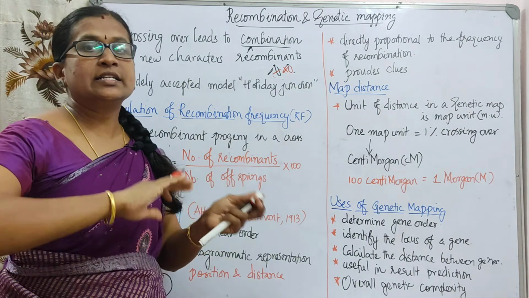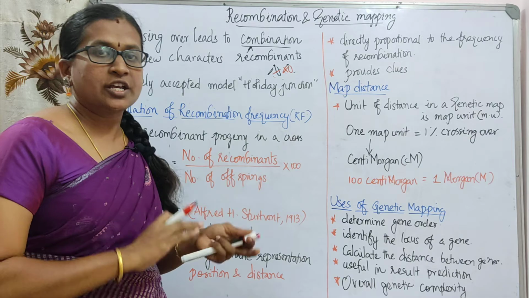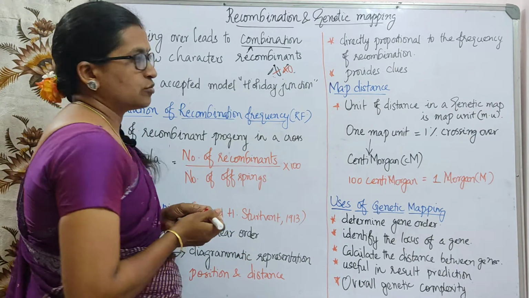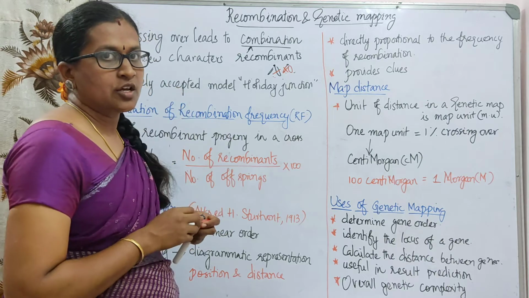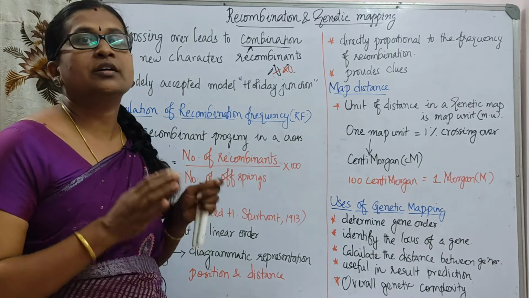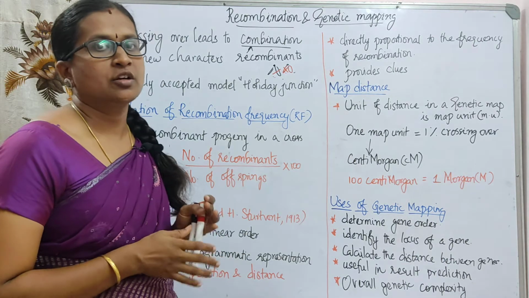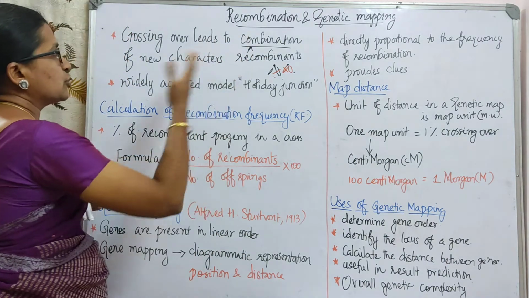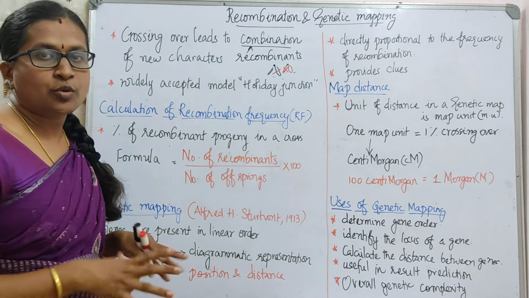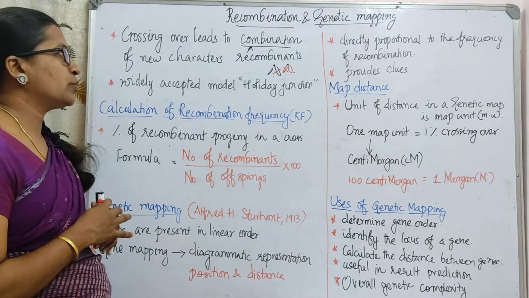So the alleles themselves get changed from one chromosome to another, between sister chromatids. Hence this process is called recombination. This combination of new characters is called recombination, and the total process is called recombination.